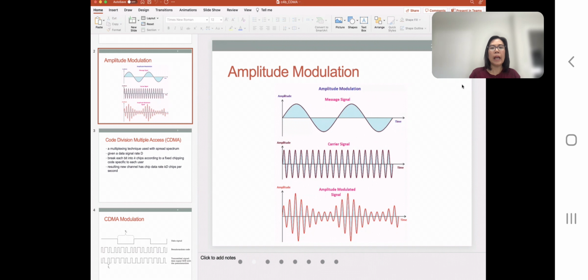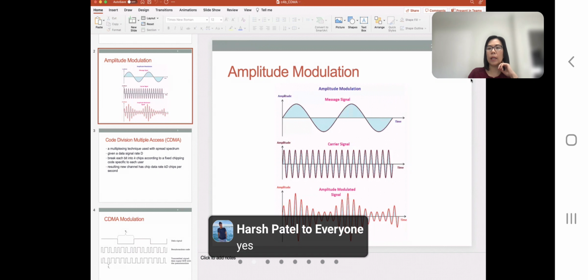Just a question, have you learned about CDMA before? Again, please type in the chat window, yes or no. Have you learned this CDMA before in other courses? All right, one student says yes.